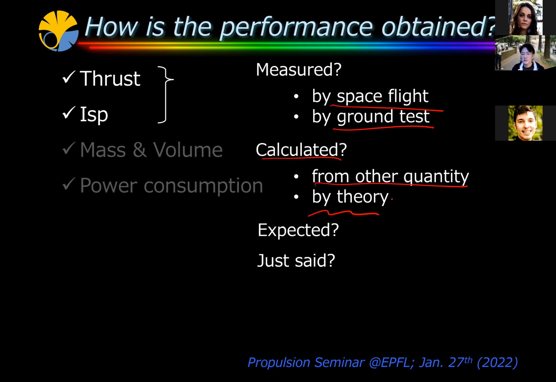And also, sometimes they just state an expectation. They want these kinds of parameters for thrust or specific impulse. So sometimes those numbers appear on the data sheet or their plan, and also, without any proof, they just state those numbers. So even if you find these numbers, you have to consider their source carefully.